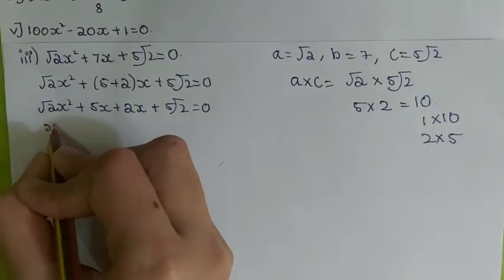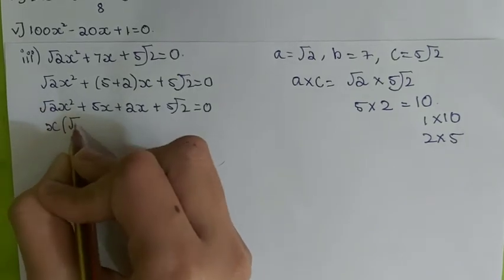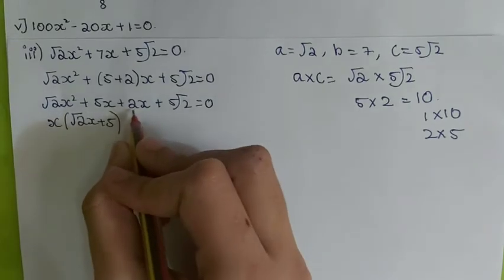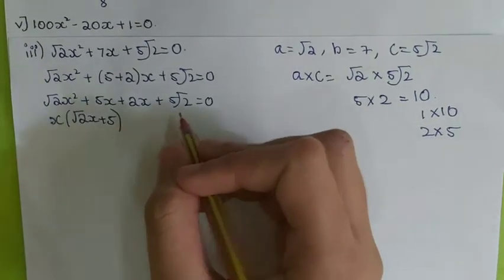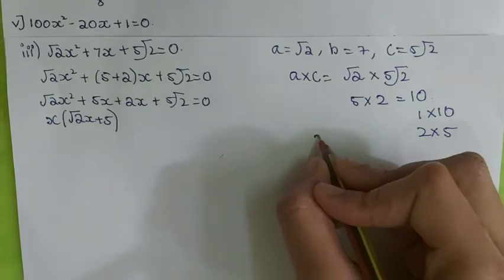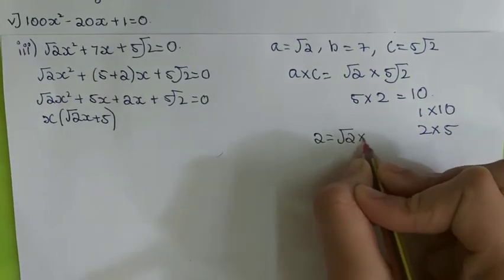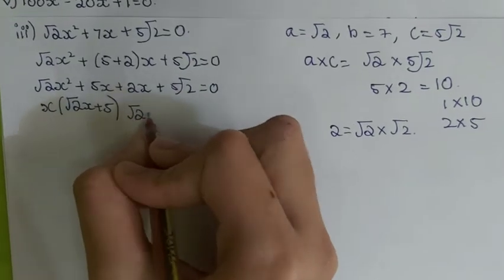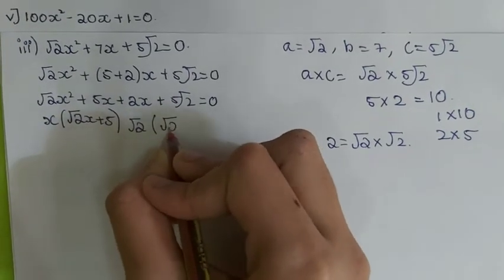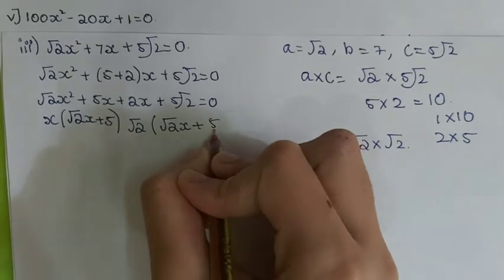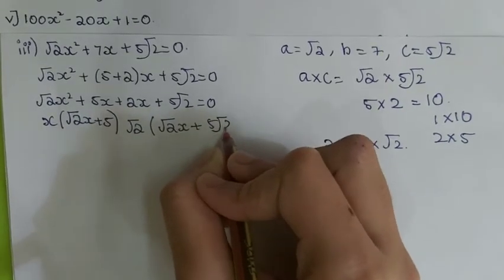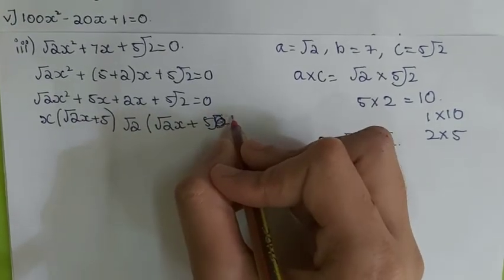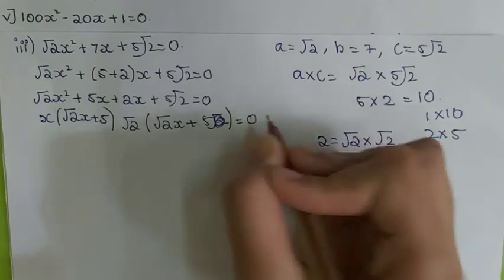So I am taking x common and the remaining is root 2 x plus 5. And here we don't have anything common, so 2 can be written as root 2 into root 2. So I am taking root 2 common, so the remaining is x plus 5. Sorry, it is only 5 because we took root 2 as common. So it is equal to 0.